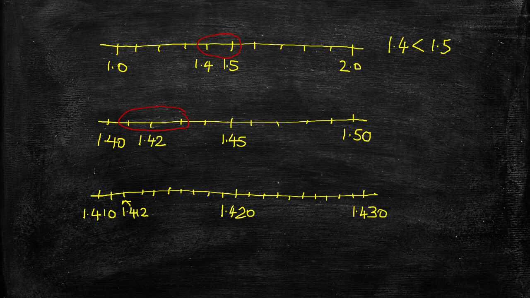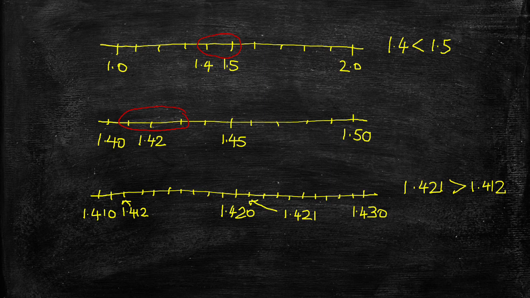Let's suppose I'm trying to find where 1.421 is, so this number here will be 1.421. Okay, so I could write, for example, 1.421 is greater than 1.412, because 1.421 is to the right of 1.412 on the number line.